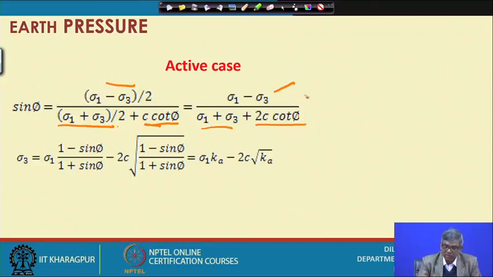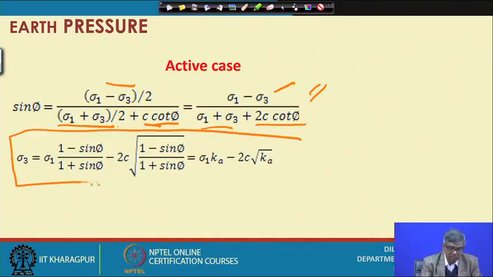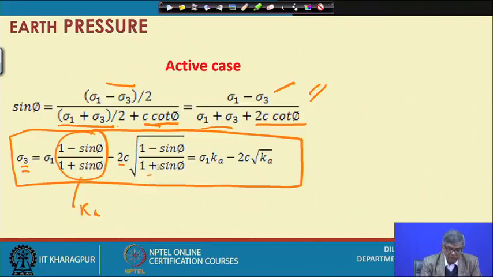If I do several steps and simplify, it will reduce to this form: sigma 3 equals sigma 1 into (1 minus sin phi) by (1 plus sin phi), minus 2C under root of (1 minus sin phi) by (1 plus sin phi). This is nothing but Rankine's Ka, and this portion is root Ka. So, I can write sigma 3 equals sigma 1 Ka minus 2C root Ka.